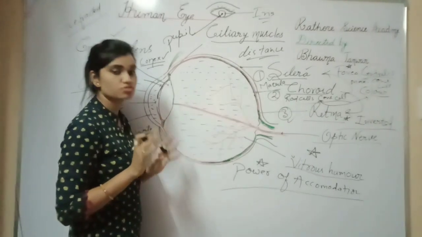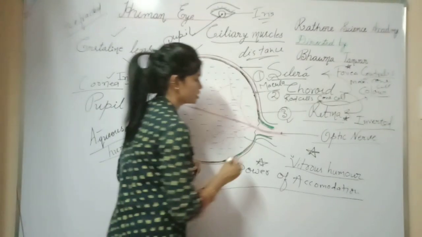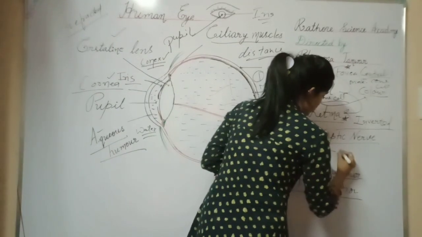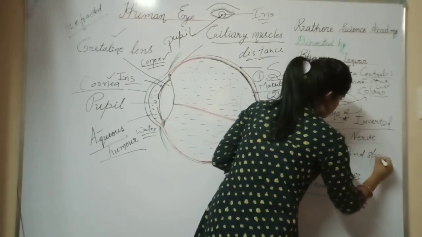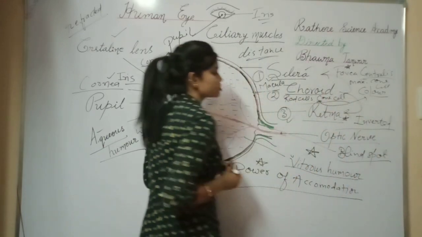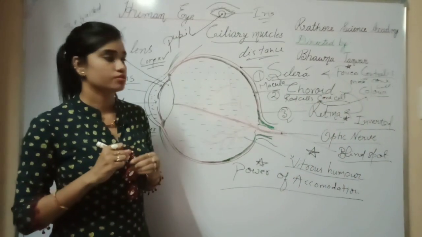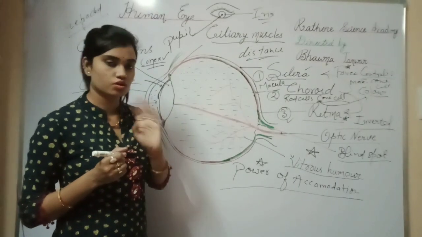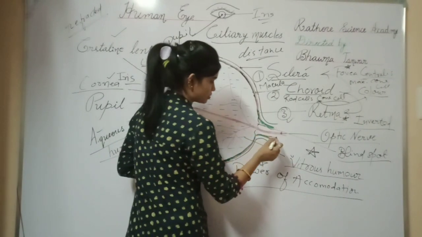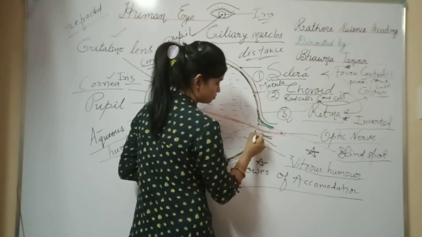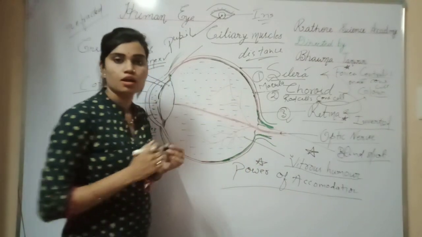That means absence of rod and cone cells. That is known as the blind spot. It has also been asked. Blind spot is a place where there are no rod cells or cone cells. From here only the optic nerve arises. Okay, this place. Understood?